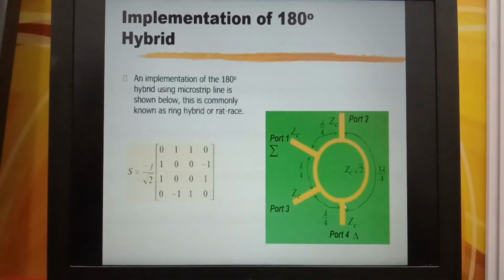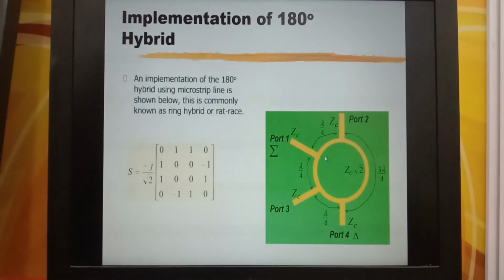Because the distance from port 4 to port 3 is 1/4 wave long, and the path length from port 4 to port 2 is 3/4 wave length, the output at port 3 and the output at port 2 will have a phase difference of 180 degrees.